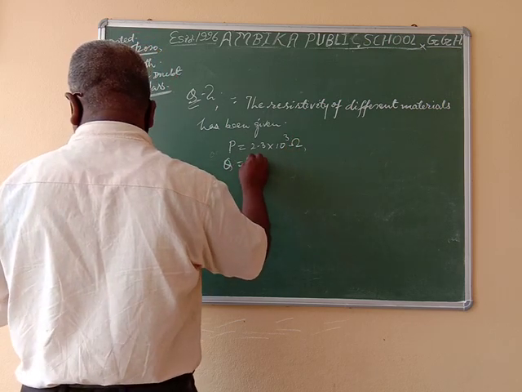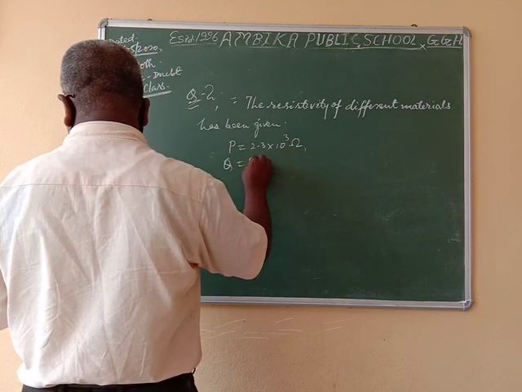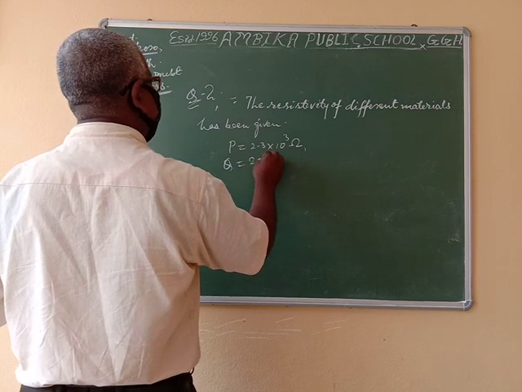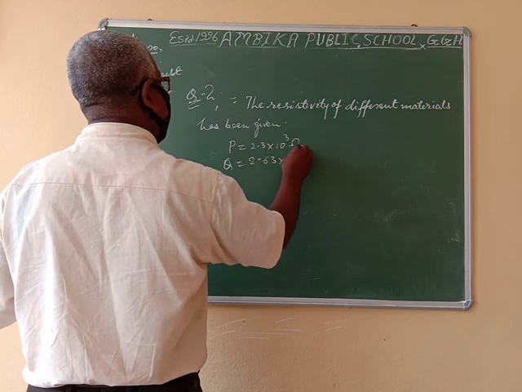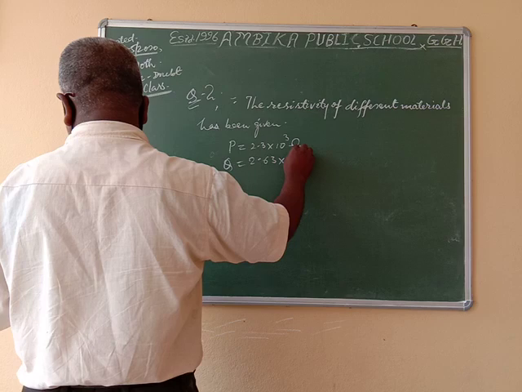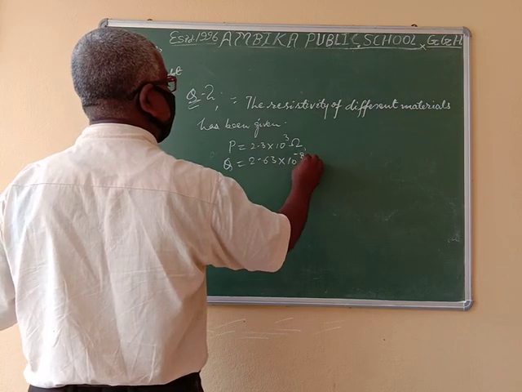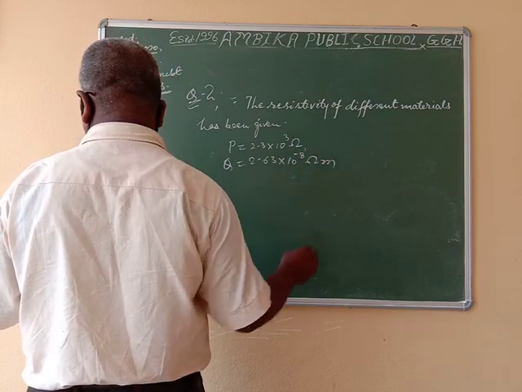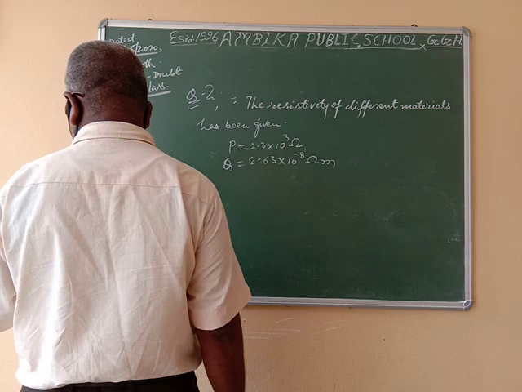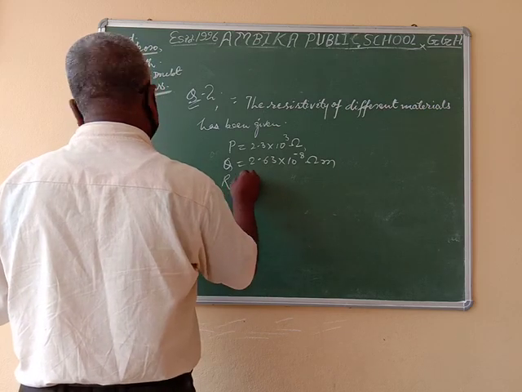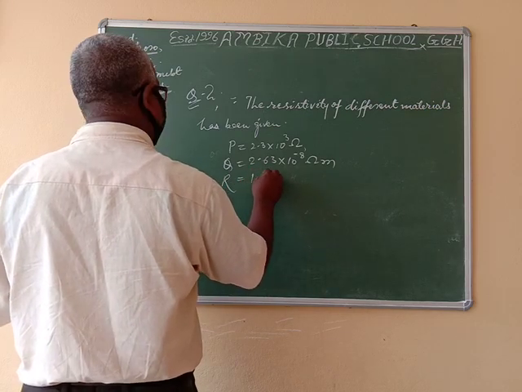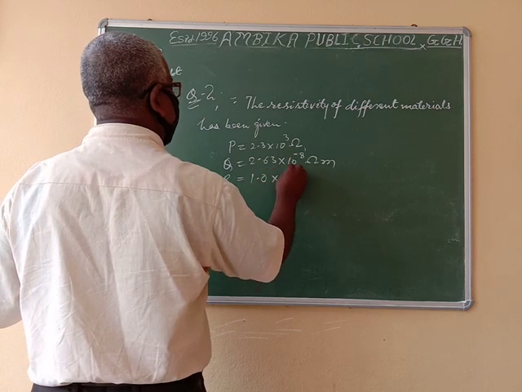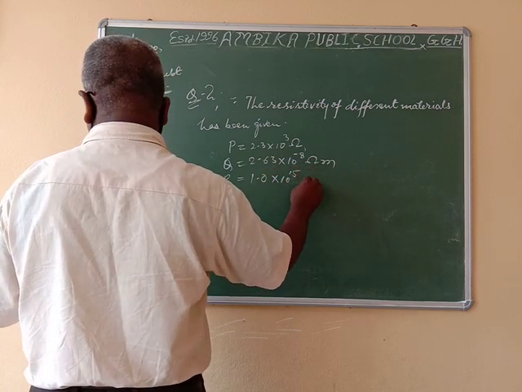Q is equal to 2.63 into 10 to the power minus 8 ohm meter. R is equal to 1.0 into 10 to the power 15 ohm meter.